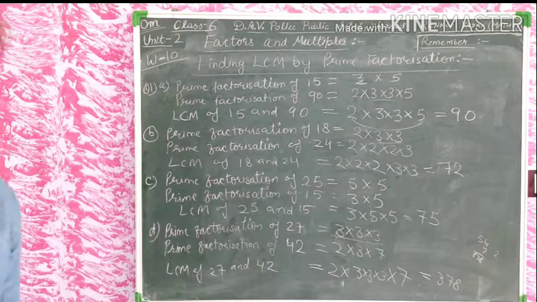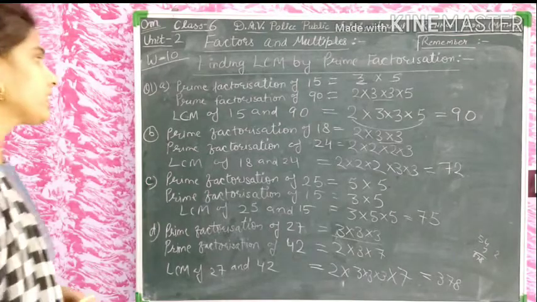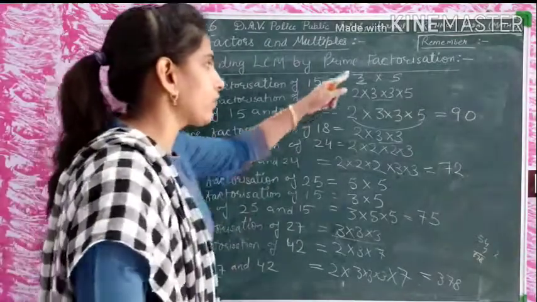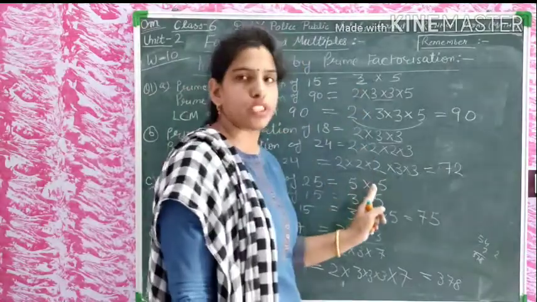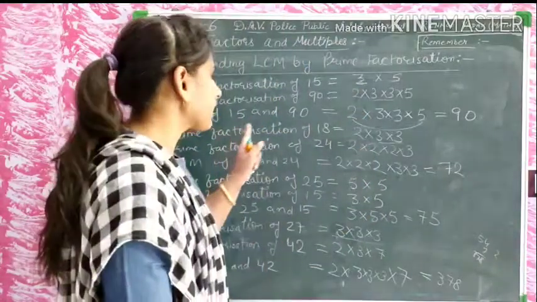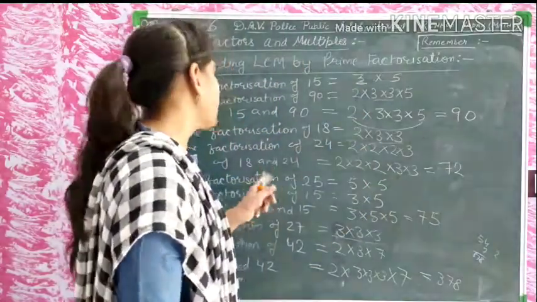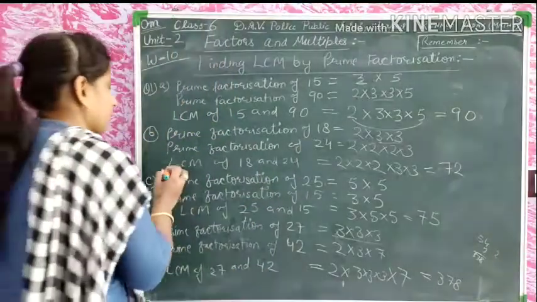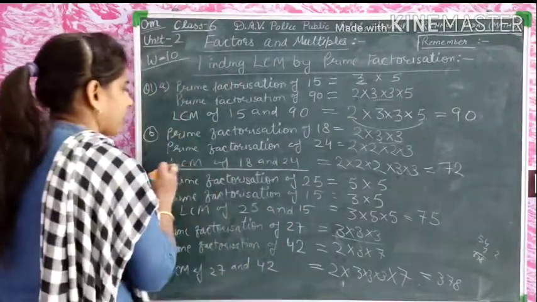Yes. So students, you are seeing here the prime factorization. First we solve the prime factorization of these numbers, and then we take the LCM of these numbers. The LCM is found by taking the maximum number of times each factor occurs.